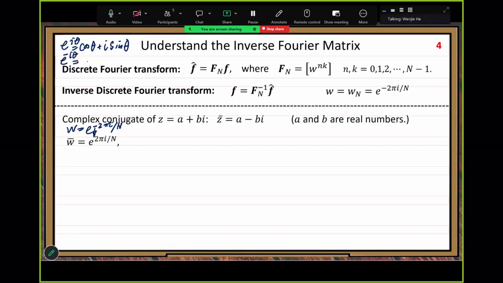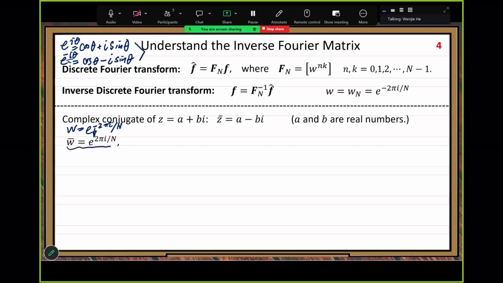Cosine of negative theta is still cosine theta, but sine of negative theta becomes negative sine theta. You can see they are conjugates of each other. When we change only the sign of the angle at the exponent, we get a conjugate.